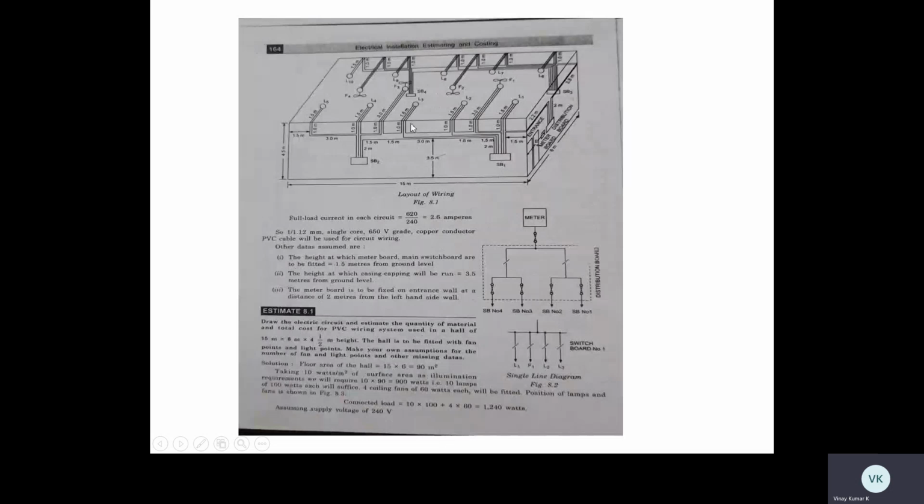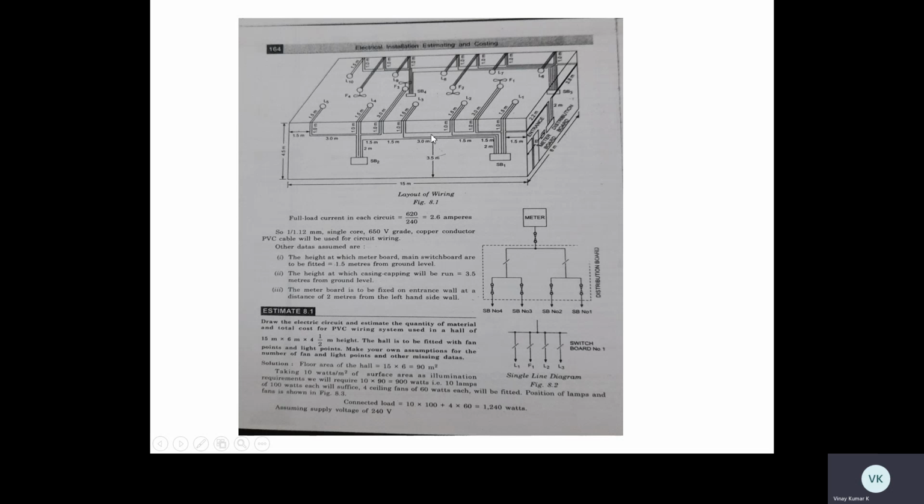SB1 to SB2. See here, SB1 to SB2. This is 2 meters, 1.5 meters, 1.5 meters, 3 meters, 1.5 meters, 1.5 meters, 2 meters. This 1.5 meter is the distance between lamp 4 and fan 3. And this 1.5 meter is the distance between fan 3 and lamp 3.